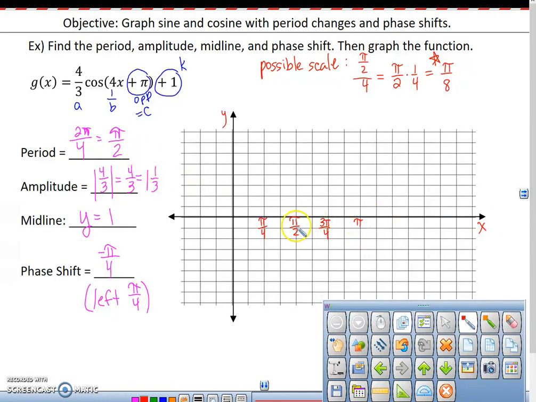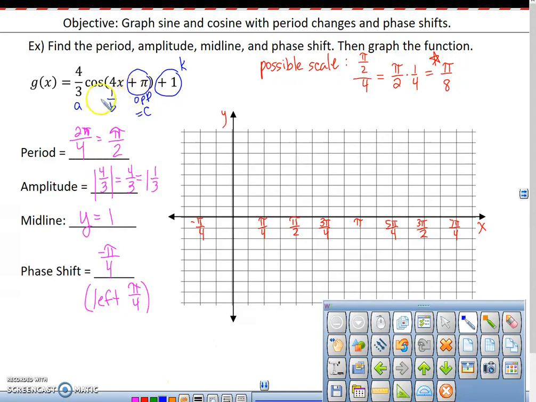Every 4 squares is a half, so I know another 4 squares would be 1.5 pi, or 3 pi halves. And so this is my 5 pi fourths, and this is my 7 pi fourths. Another 2 over there would take me to 8 pi fourths, which is 2 pi. So backing this up, this would be negative pi fourths right here.